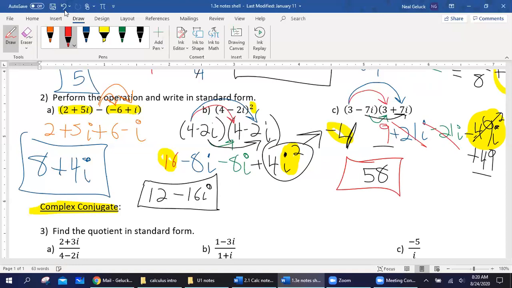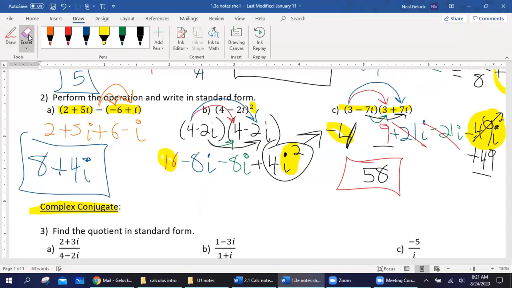So I multiplied two complex numbers that had i's in them, but I ended up with just a real number. That's an important concept because that is what the complex conjugate is important for, and it's going to help us with division.